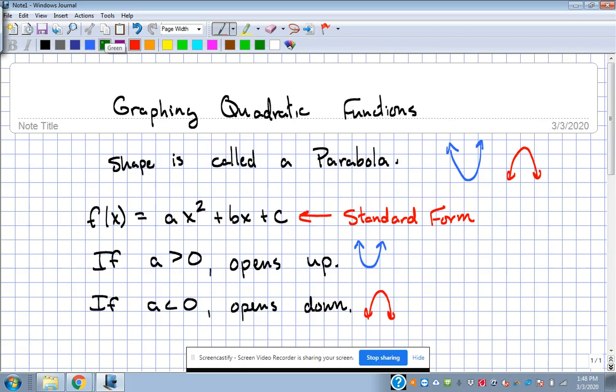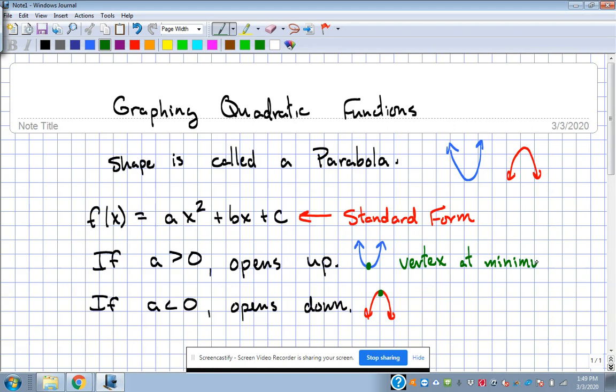Then there is an important point at the bottom of the ones that open up and at the top of the ones that open down. Does anybody remember from Algebra 1 what that lowest point or highest point is called? Minimum or maximum? That's true, but it had a different name. Vertex, that's right. It was called the vertex. If a is positive and it opens up, that vertex is at a minimum.